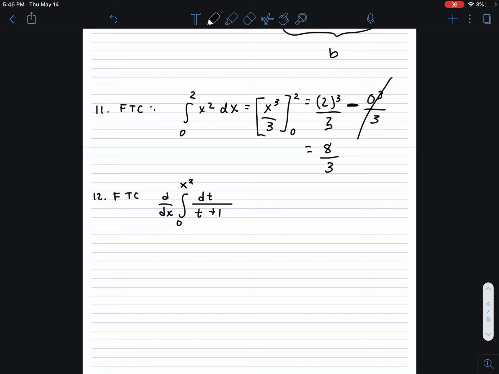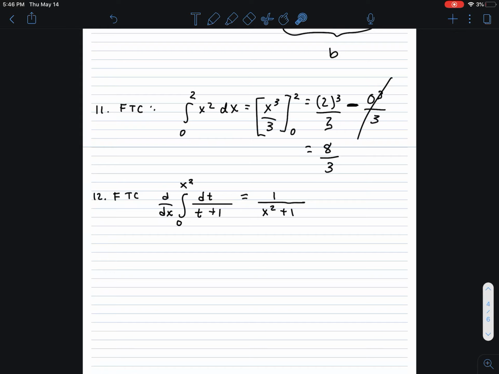Okay, so if I'm taking the derivative with respect to x of whatever this function would integrate to, right? If I took this integral, it'd be in terms of x because we'd be plugging in this top bound. And then if I take that derivative, the fundamental theorem of calculus tells us that it's just plugging in, so this is 1 over, plug in that top bound, x squared plus 1, wherever you had a t, okay?